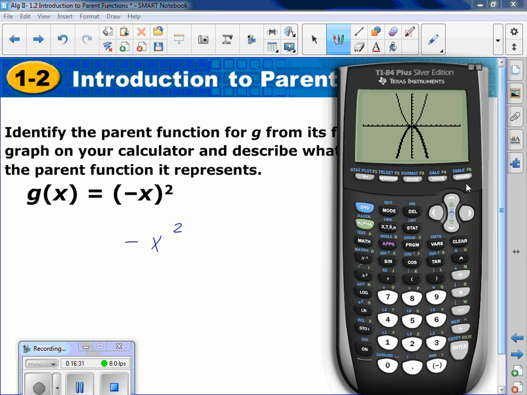Nope. Because the parentheses aren't there, for this one here, the calculator is saying I want negative x squared. This one here is taking negative whatever x squared is. So it's always going to give you a negative number. That is why that one is a reflection over the x-axis. Questions?